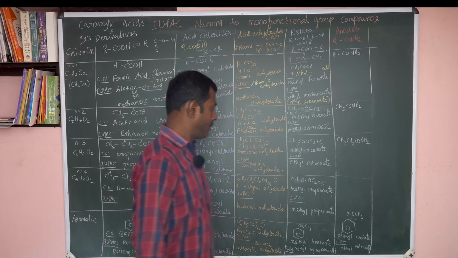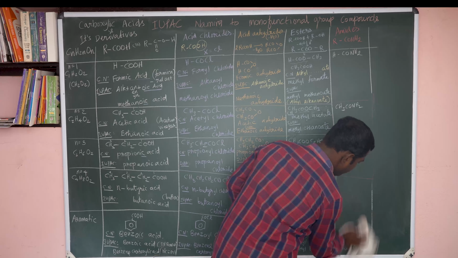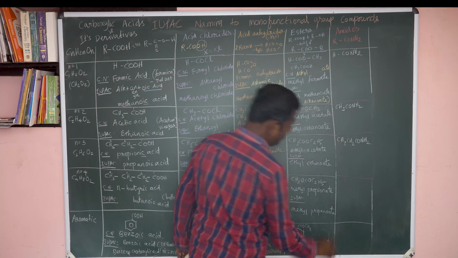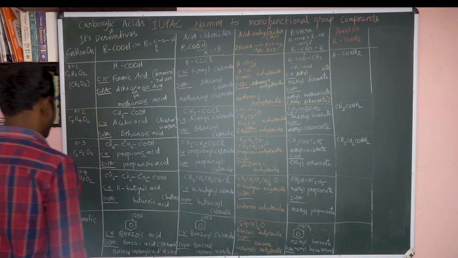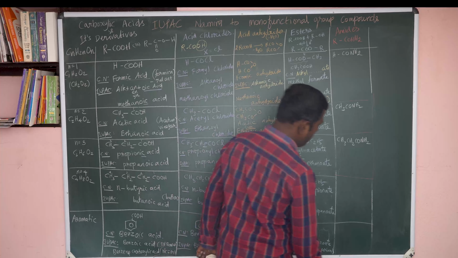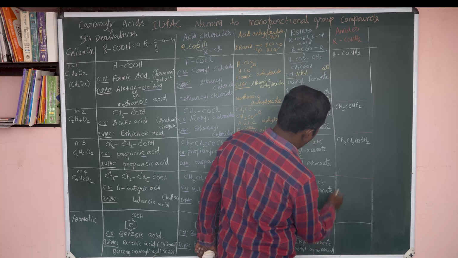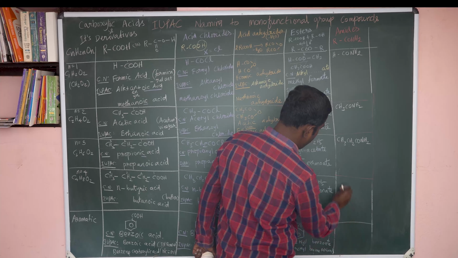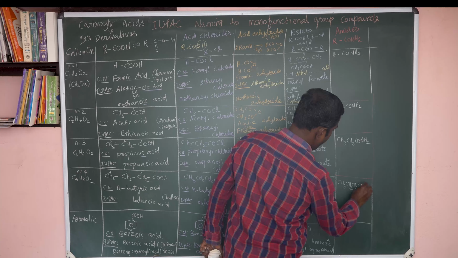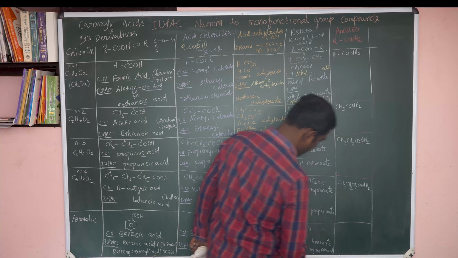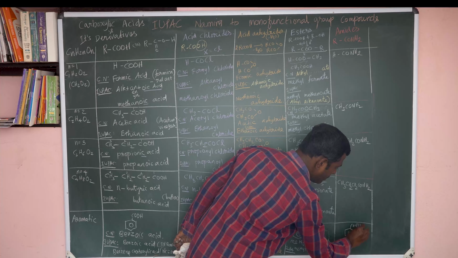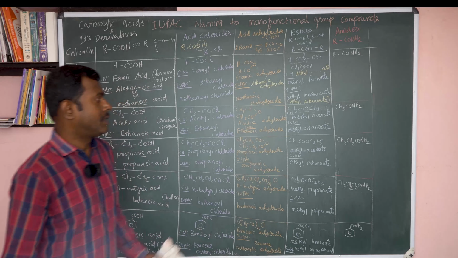From butyric acid also we can give, n-butyric acid: CH3CH2CH2CONH2, 4 carbons. And with the benzene ring, benzene with CONH2. So these are all amides.